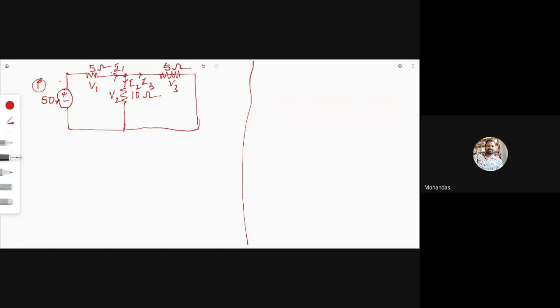If you want to calculate the current, this is not a simple circuit, because this 5 ohm branch is connected to this one also. So how to solve this problem? You have to use KCL, KVL and Ohm's law. This is the current I1 here, I2 here and I3 here.